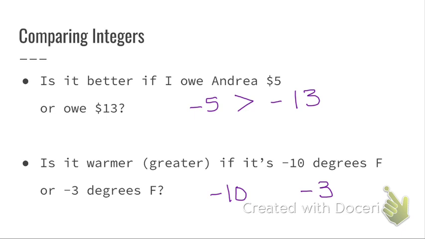Yeah, 10 below 0 would be colder. So negative 10 is less than negative 3. So the warmer one, the one that's greater, that's where the symbol is going to open up to.